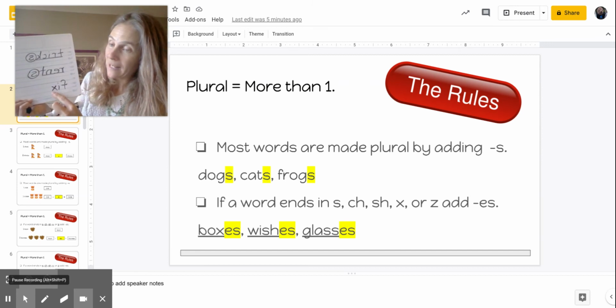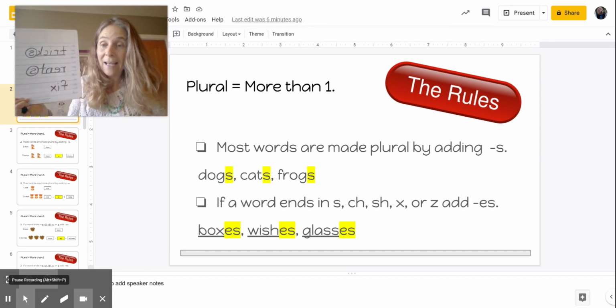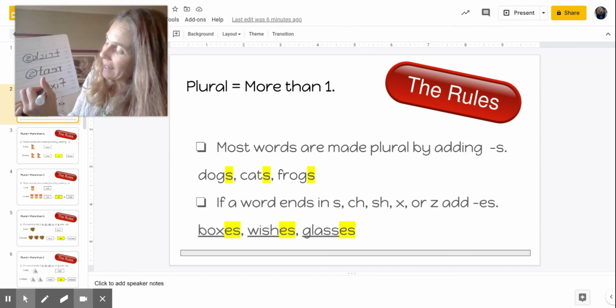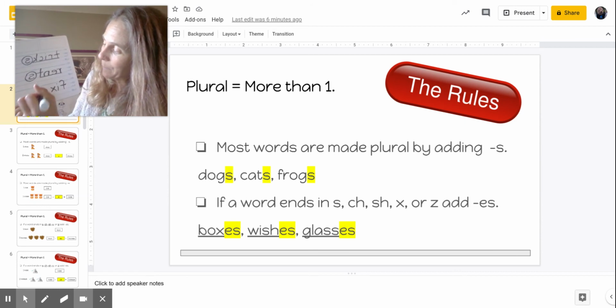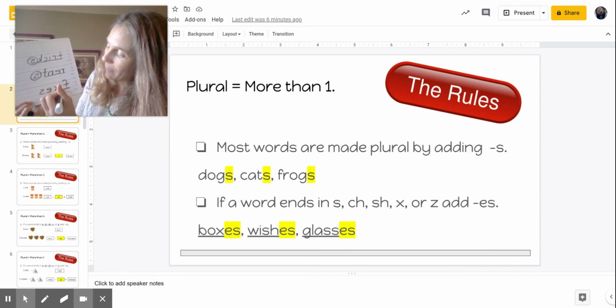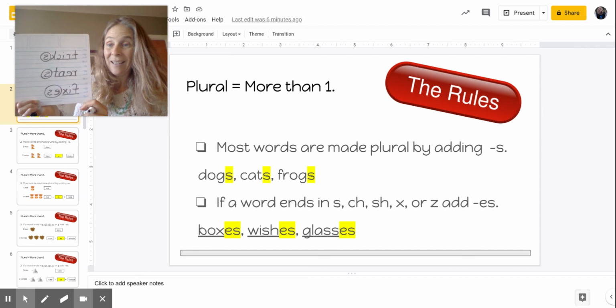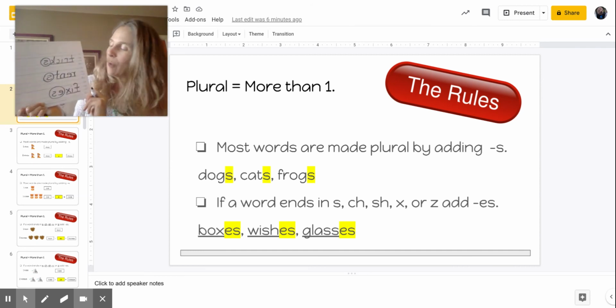My base word ends with X, and I can see over here in my rule, if my word ends with X, I'm going to add ES. Fixes. So now I'm going to underline my base word, and I'm going to circle my suffix. Fixes. Great. And let's do one more.